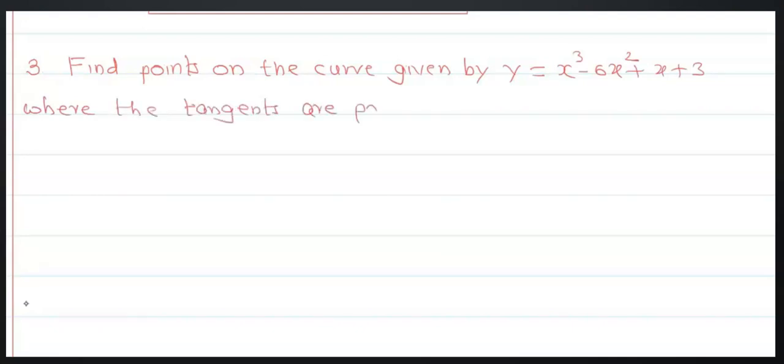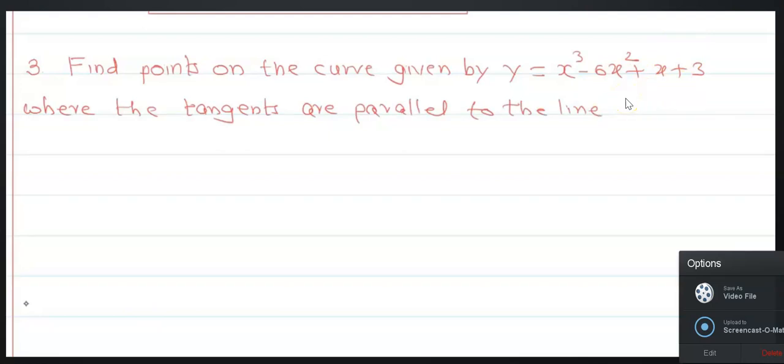Next is, find the point on the curve given by y equals x cube minus 6x square plus x plus 3, where the tangent is parallel to the line y equals x plus 5.